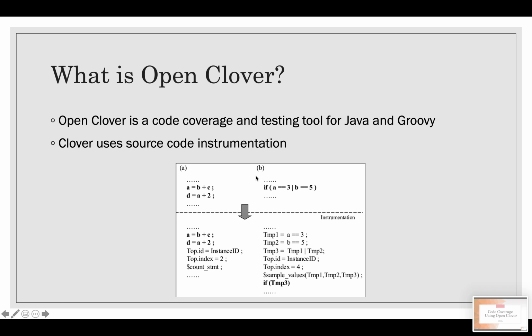But what Clover will do is add source code instrumentation to your code. As it is executing the code, it will add this instrumentation, temp 1, temp 2, temp 3, temp 4, as the code runs through the JVM. This is what it will use to determine the test coverage of your code. That's what they mean by source code instrumentation.